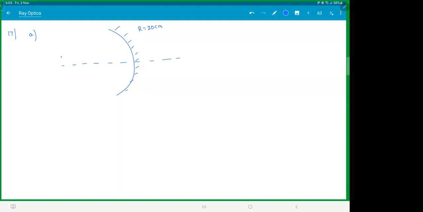Radius is 20 centimeters. We have an object here at a height of 1 centimeter at a distance of 30 centimeters. Now, see, the object is not on the principal axis. So, how do we do this? Find the position of the image.